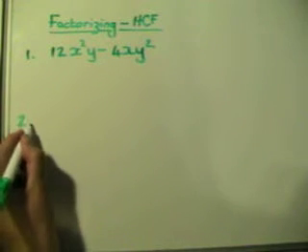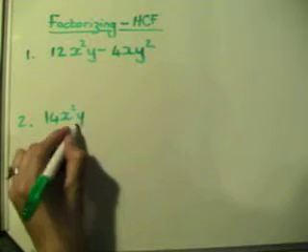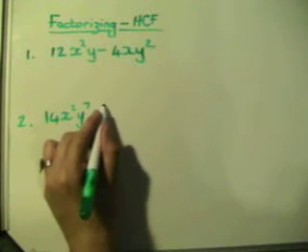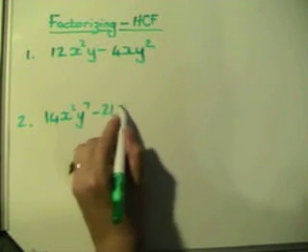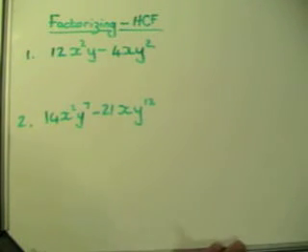So quickly write that down, and somewhere write down the second one also. 14x squared y to the power of 7 minus 21x y to the power of 12. Alright, so write that down. Do this on your own first, and then play the video and see if you get the same answers as me.